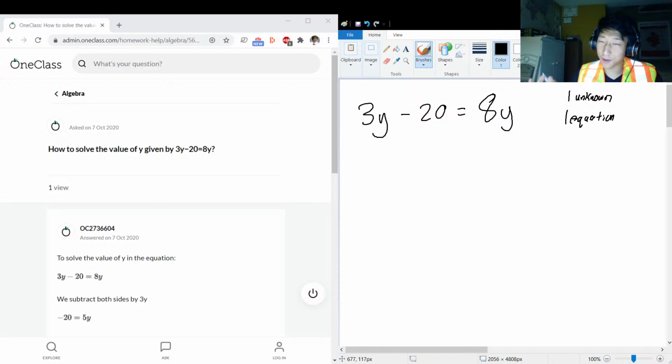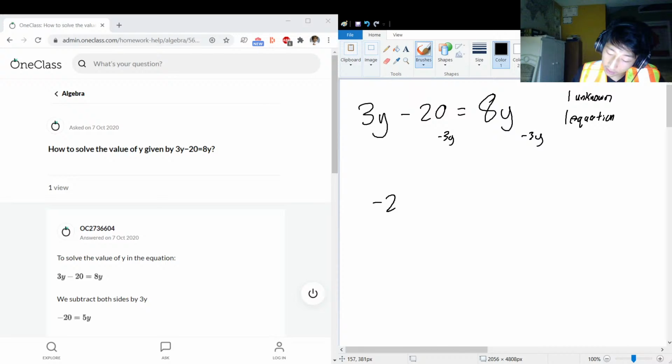For now, just focus on the situation. We got one unknown and one equation. We will be able to solve this 1000%. Okay, so the first step that we're going to try to do is let's get all of our y terms on the same side of the equation. So let's say we subtract 3y from both sides. So we're going to have minus 3y minus 3y.